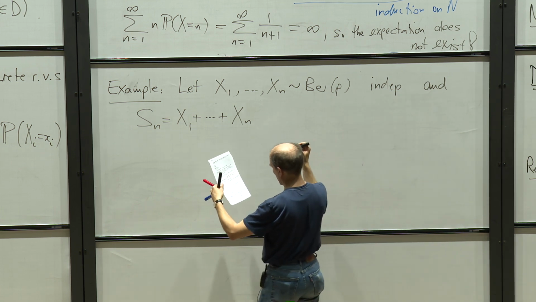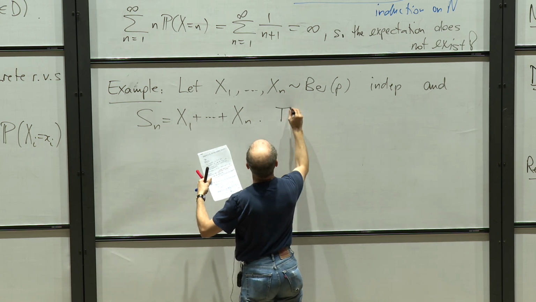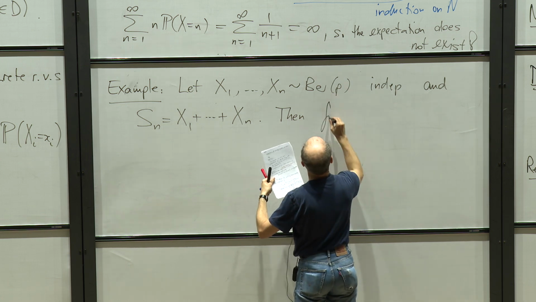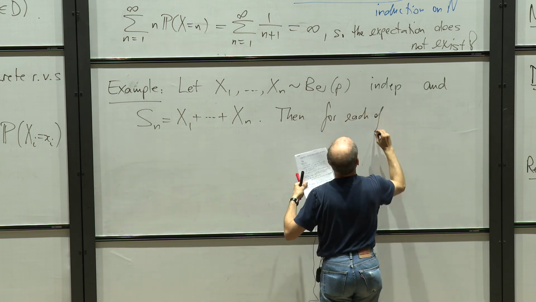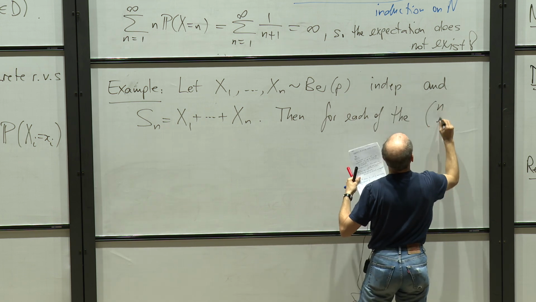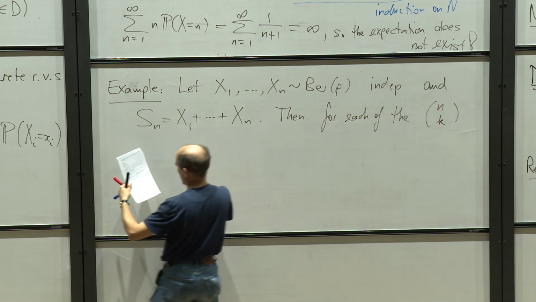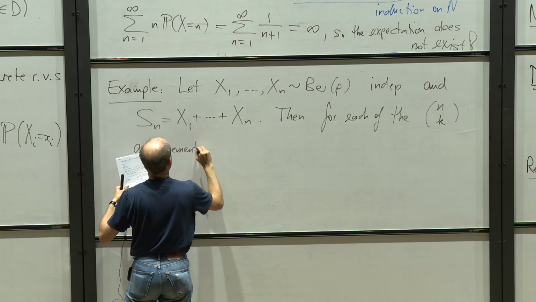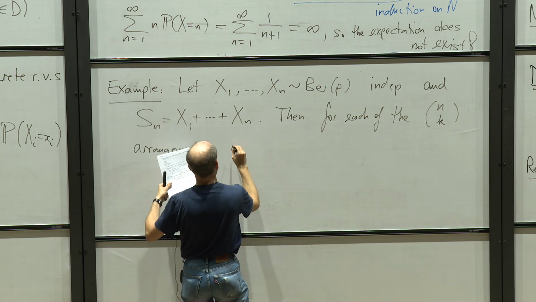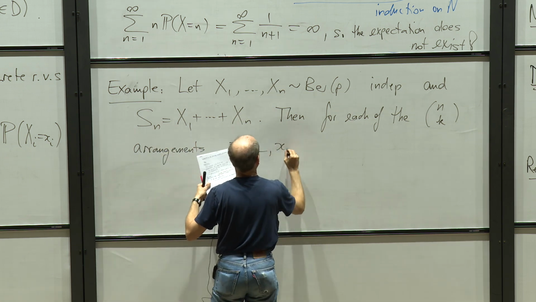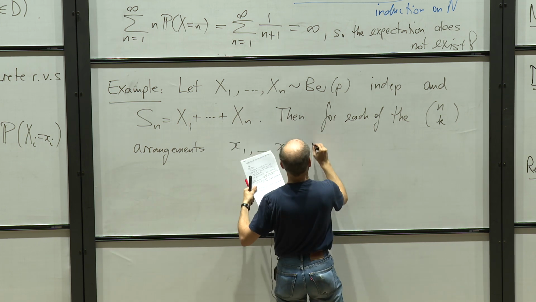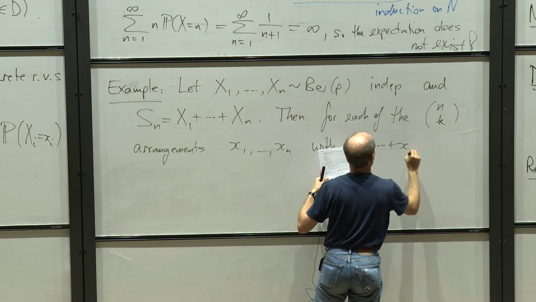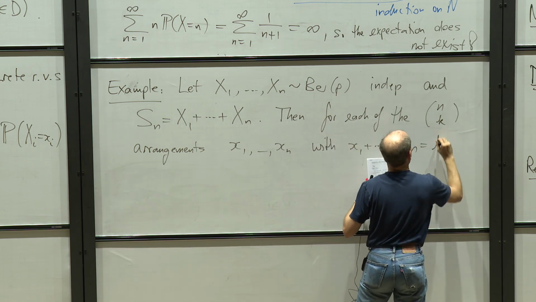So that quantity, I claim, is binomially distributed. But let me say for each of the n choose k arrangements x1 up to xn, these are now my little x's with x1 plus, etc., plus xn equal to little k.